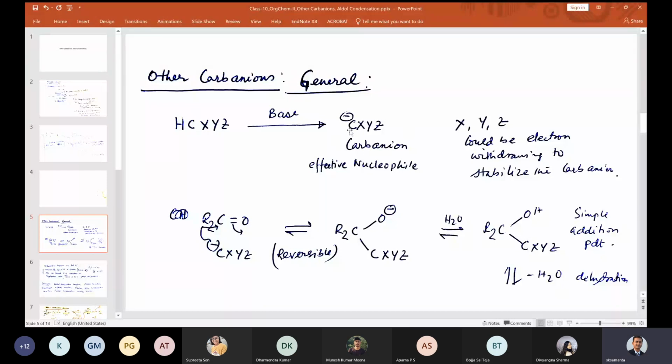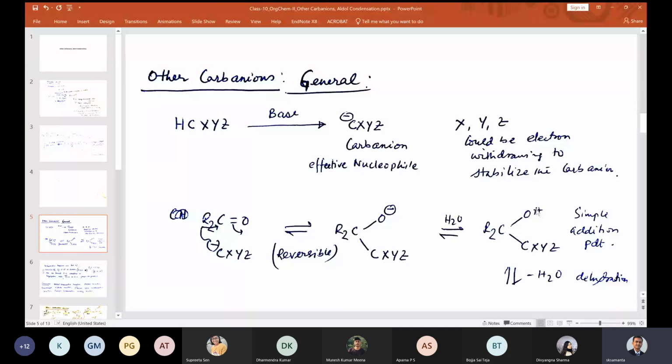Now we can take this carbanion and react with different carbonyl compounds. Let's say we take a ketone. This carbanion can attack this carbonyl center to form this O negative species, which can take a proton from water to form OH.